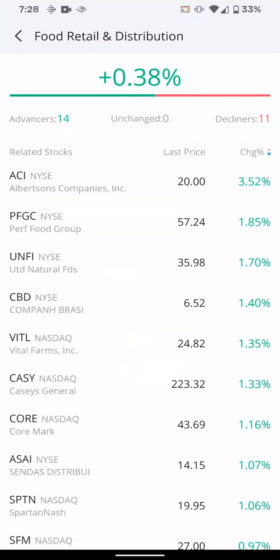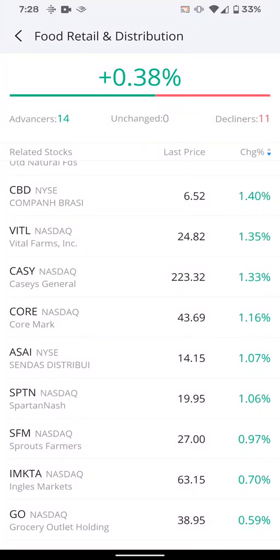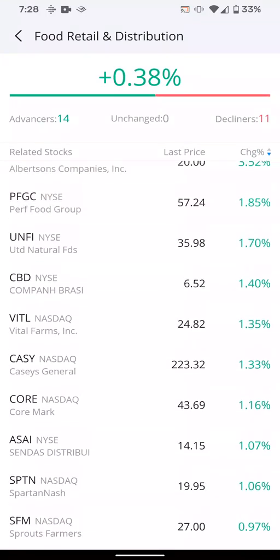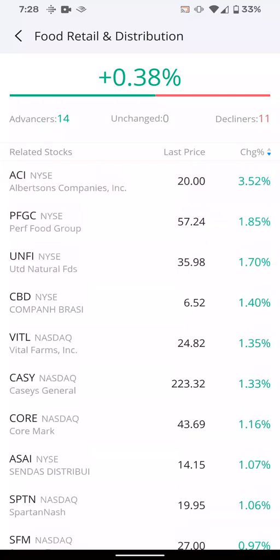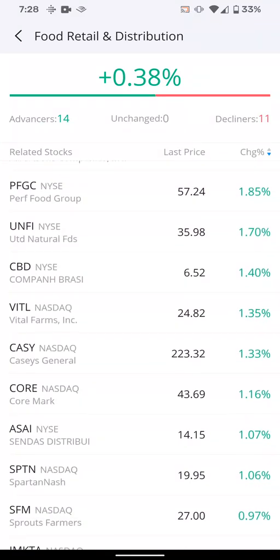If I click that, Webull provides a clear picture of it. 14 is green, 11 is red. That 14 represents the stocks that actually went up for that day. The 11 represents stocks that went down for that day, and that was Friday, the last trading day. So 14 and 11 is almost half and half.